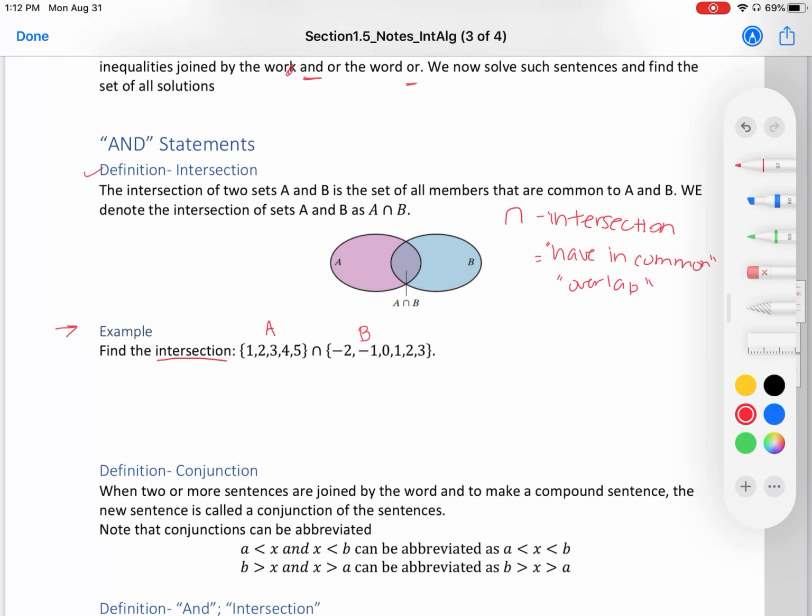We see here that they both have a 2, they have a 3, no 4, no 5. B has a 0, but A doesn't have a 0, or a -1 or a -2. So the only things they have in common are 2 and 3. So my answer would be the numbers 2 and 3 in little curly brackets. And that's it. That's an intersection.